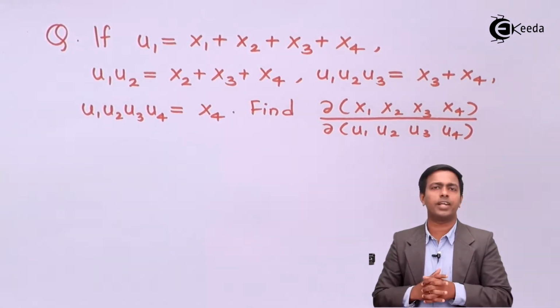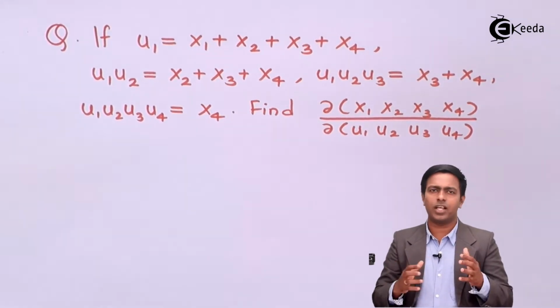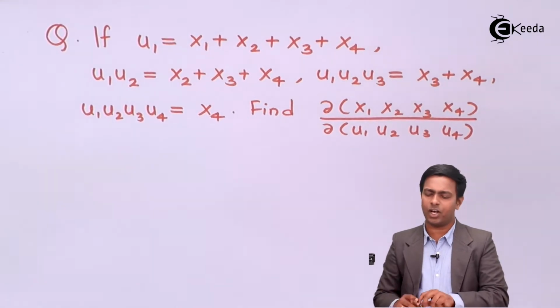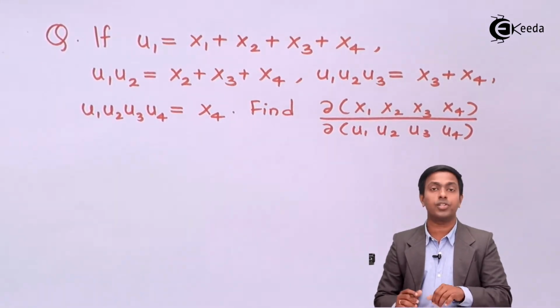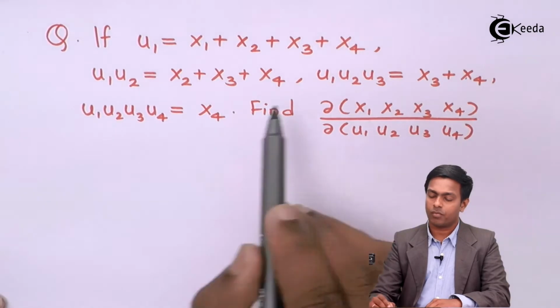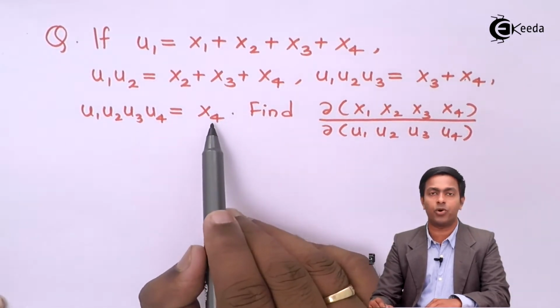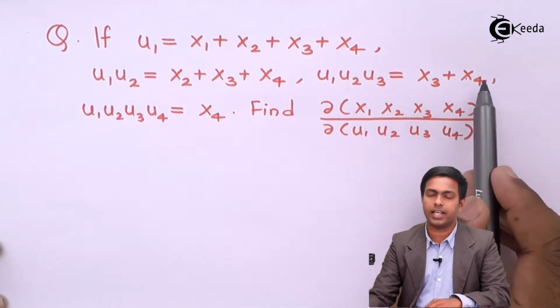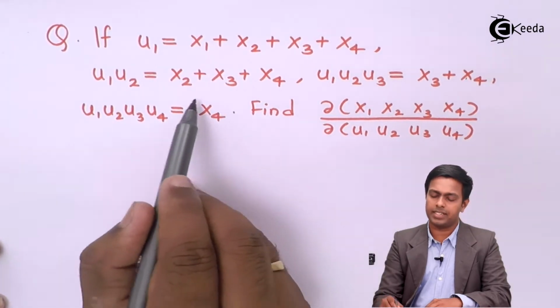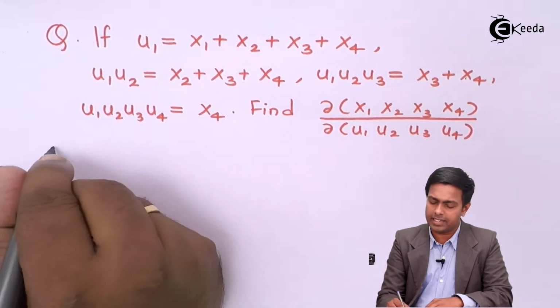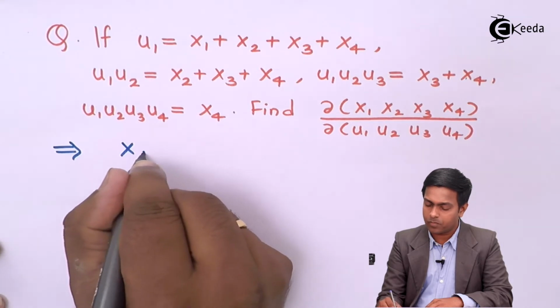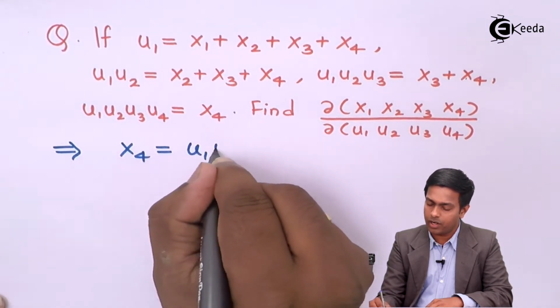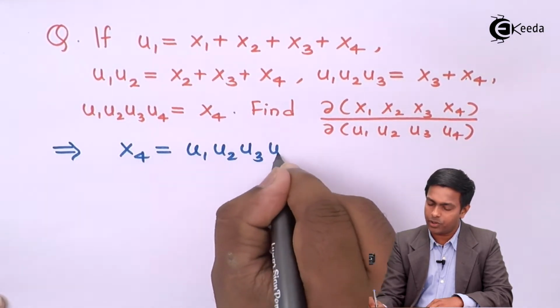Now how to find it out? It's just simple. We just have to do a few adjustments to get the answer. For that you have to observe the given question. If you observe these two values, on the right hand side here we have x4, and here we have x3 plus x4. So it means x4 is already given, which is u1 u2 u3 u4.